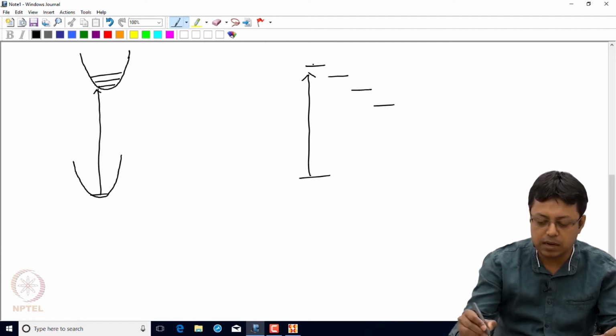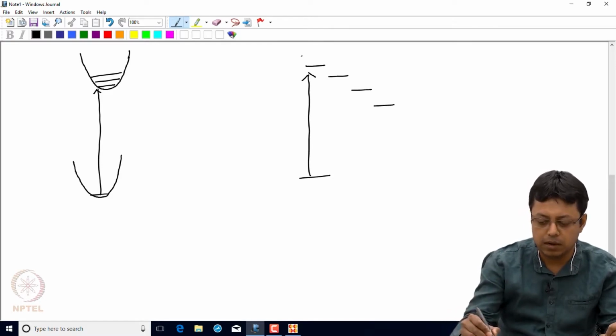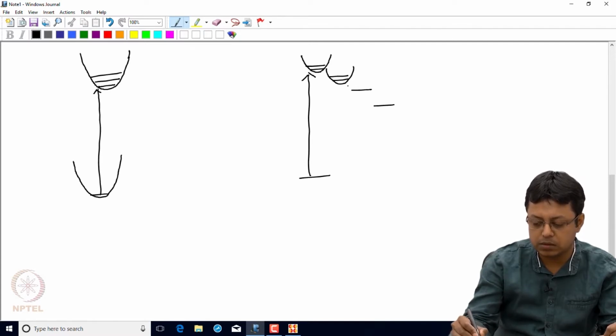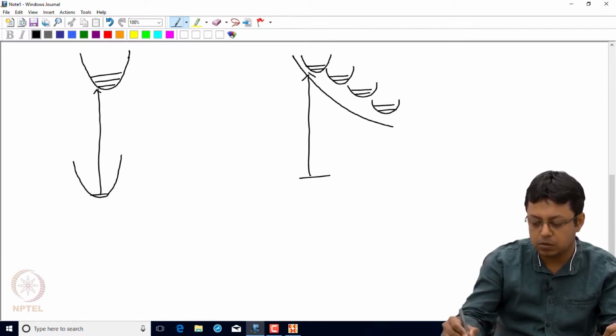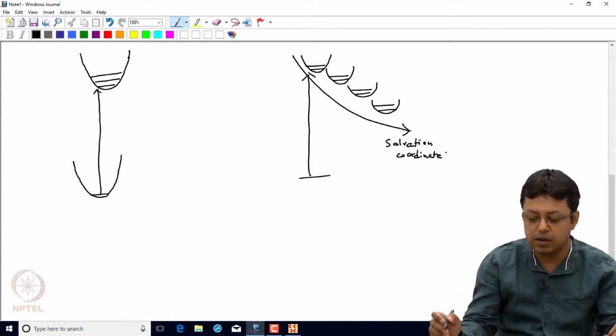So we can think that, apart from this intramolecular coordinate, there is also a solvation coordinate. So the reaction coordinate here is the solvation coordinate.